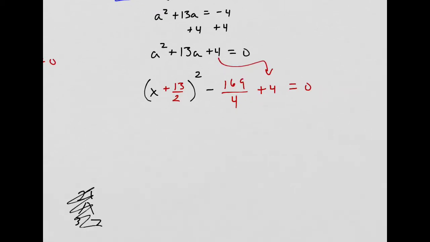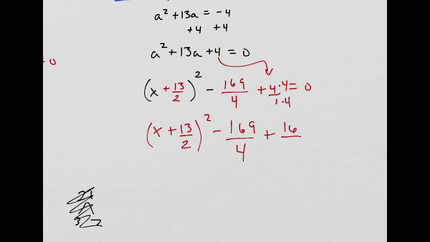Cool. So I get x plus 13 over 2, quantity squared. And then I want a common denominator, so I'm going to multiply by 4, and I get 16 in the top here. Then I'll write out these steps. It's not too bad. Plus 16 over 4. Now I got to combine these, except for this one's a negative.